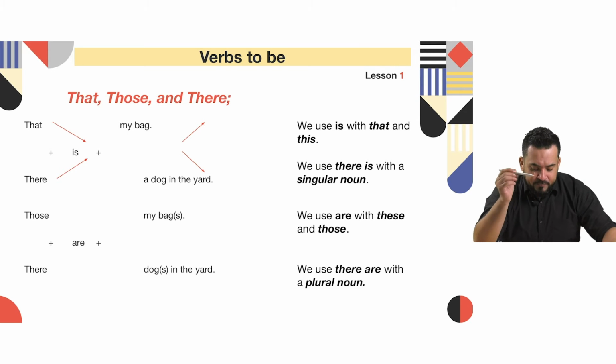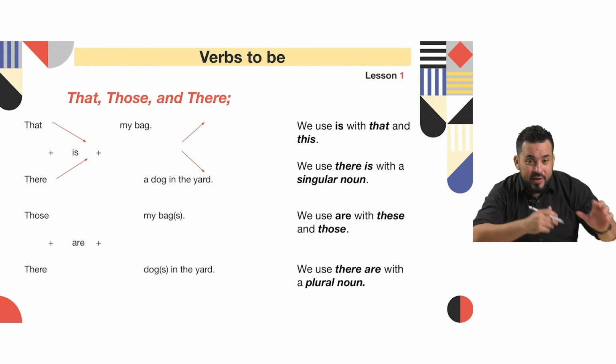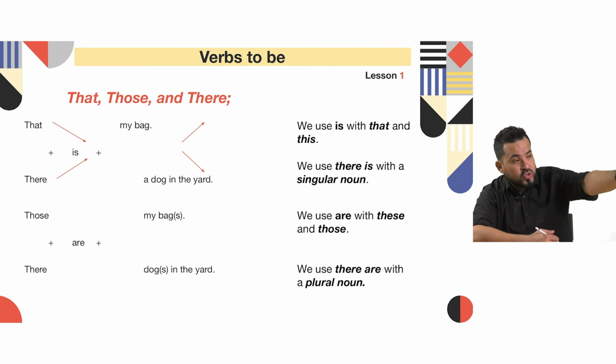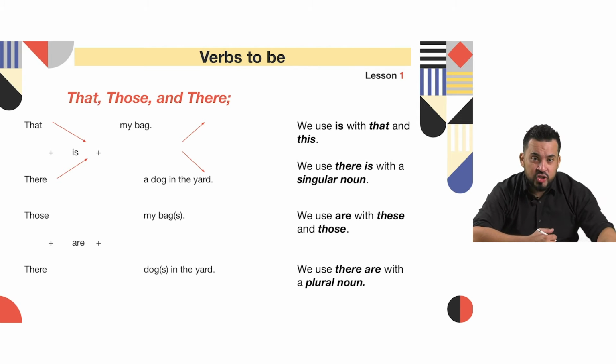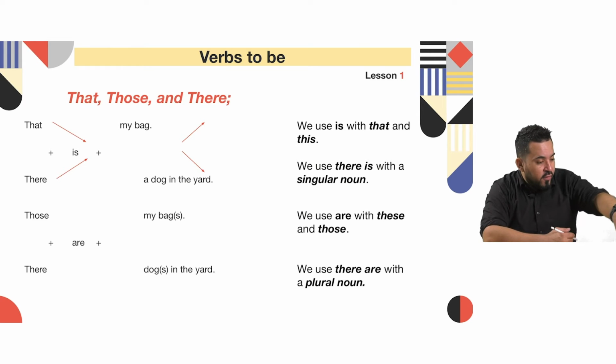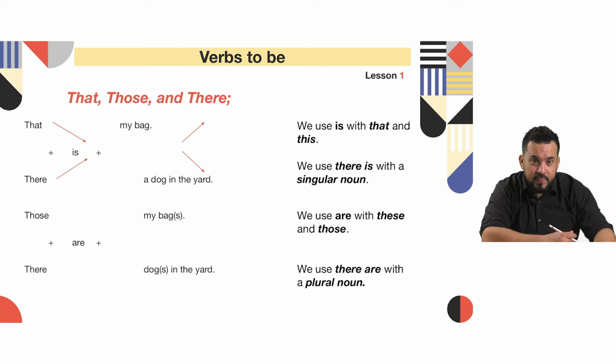We use those are if the thing is further, a little far away. We say those are my children. If it's close, we say these are my books.